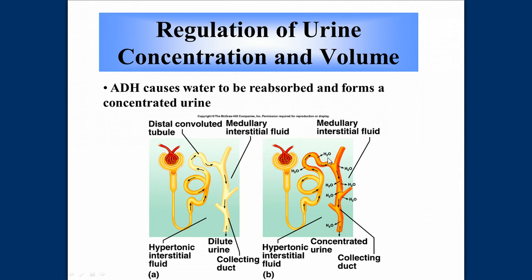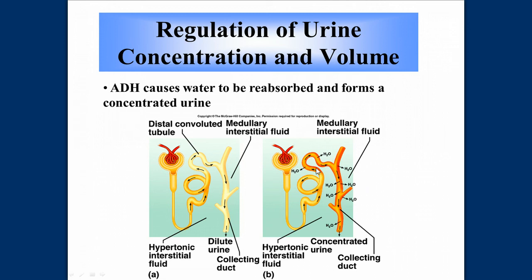Okay, so if water is allowed to leave the tubules, it would be in the interstitial fluid, and then it would cross over, by osmosis, back into the peritubular capillaries, picked up by the bloodstream.